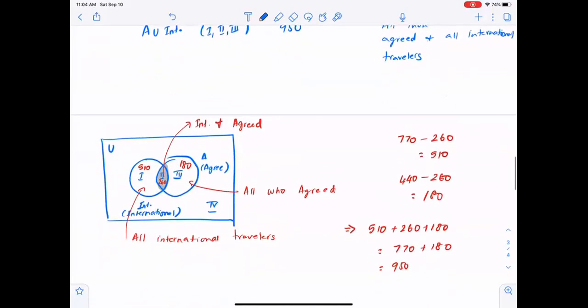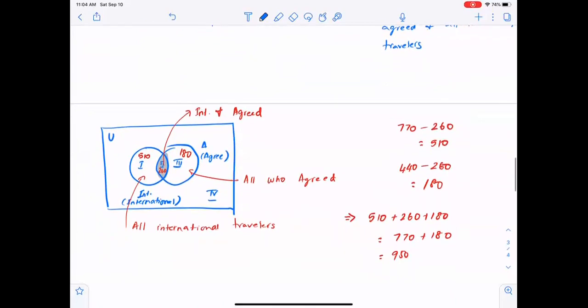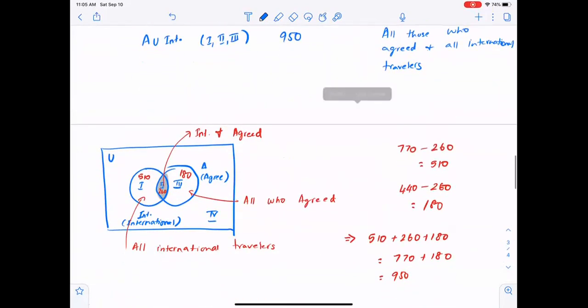Excuse me, never mind, that is correct. 950 from 1510 to get the region 4 count. That would give us 560.